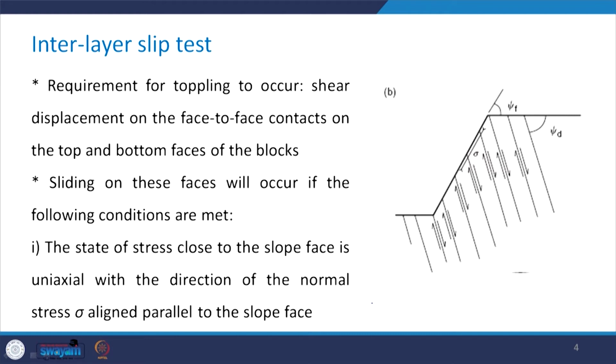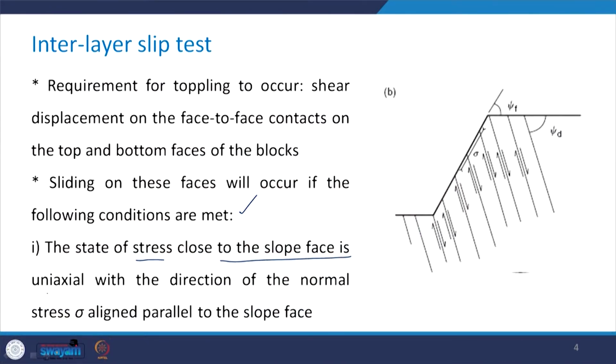First, the sliding on these faces will occur if the following conditions are met. What are those conditions? The first condition is that the state of stress close to the slope face is uniaxial, with the direction of the normal stress sigma aligned parallel to the slope face.